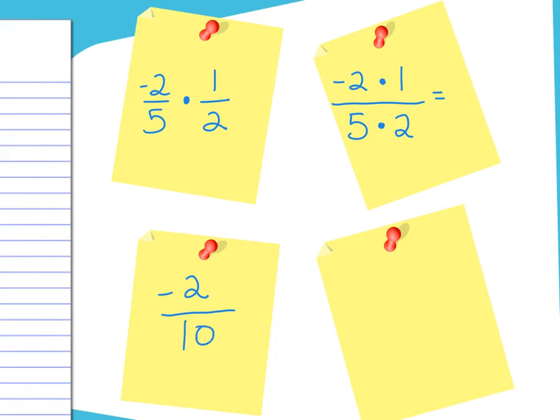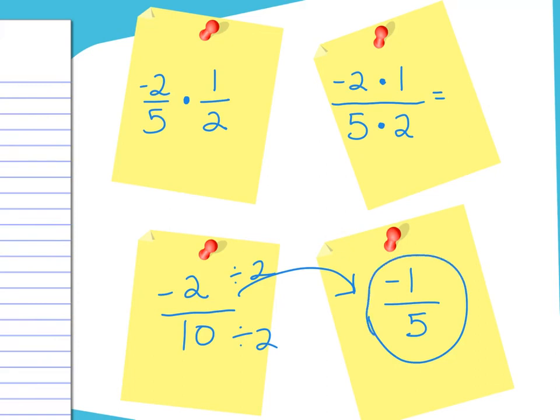So -2/10 you can try and simplify. I can divide -2 by 2 and get -1, and I can divide 10 by 2 and get positive 5. So negative 1/5 is the product.